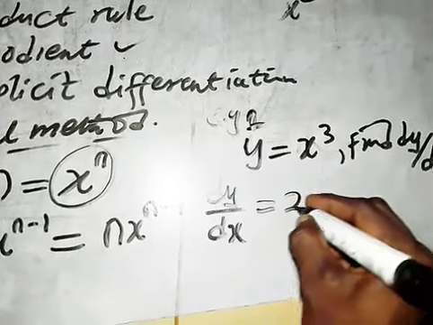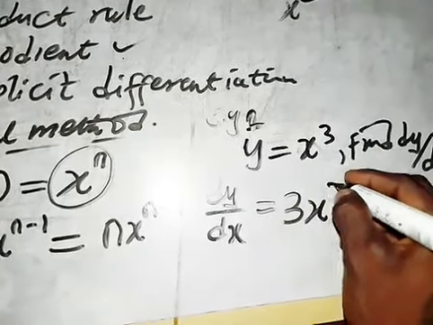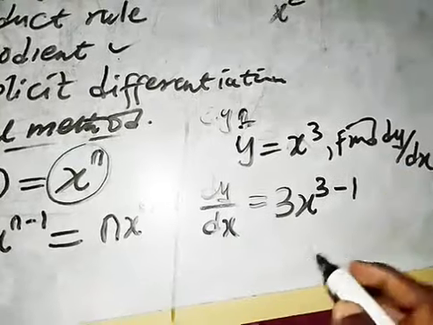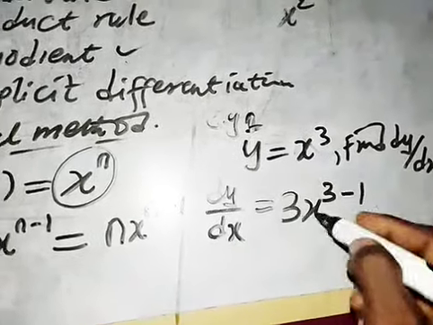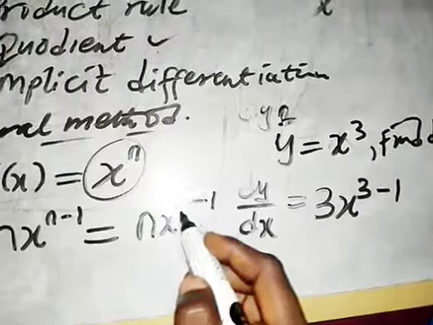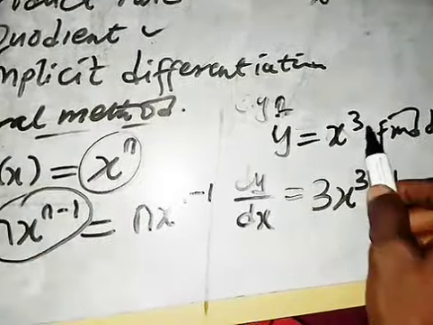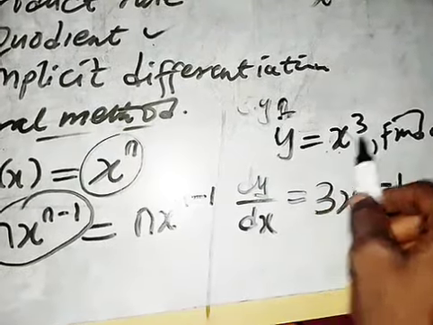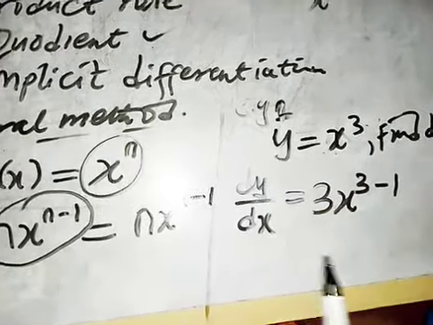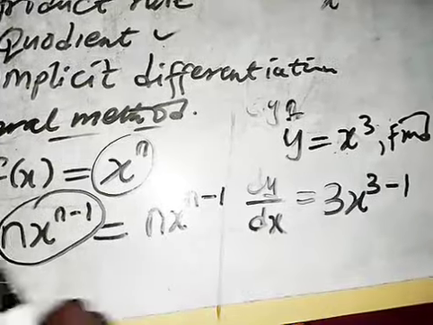You are going to have 3x to the power of 3 minus 1. If you check this, this is the same thing as the formula shown here. So you bring down 3 and multiply with 3x, you subtract the power by 1. That is just the formula as shown here.